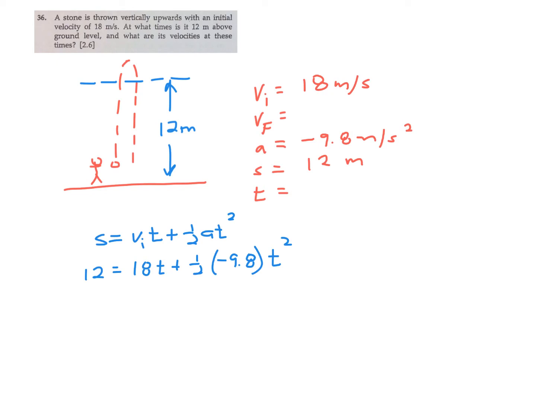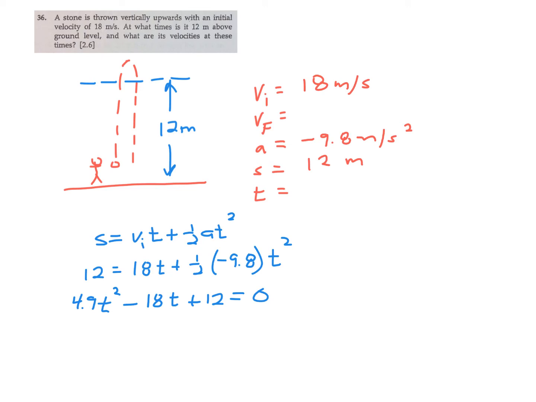Bottom line is you get the standard quadratic form, 4.9, moving the t squared term over to the left-hand side. Everything over to the left-hand side. All right, I've simplified that.